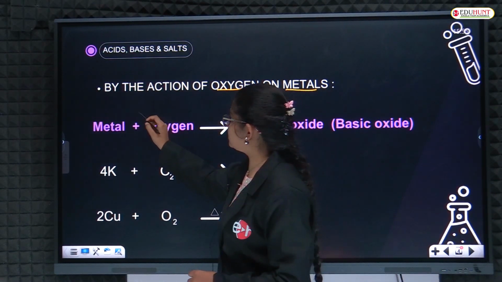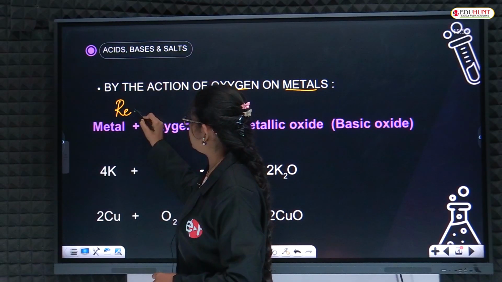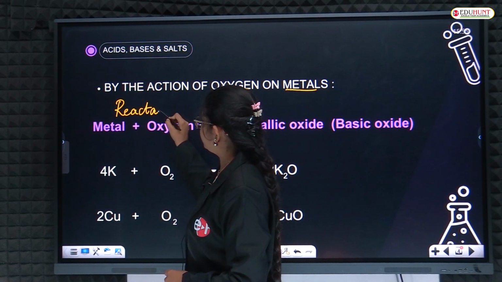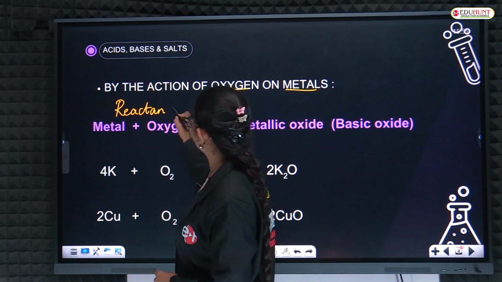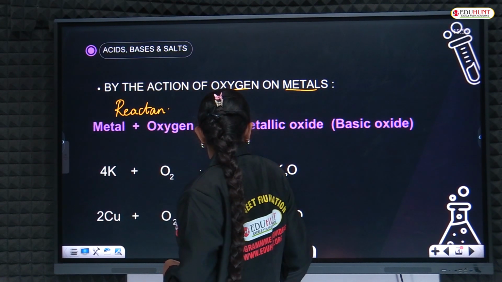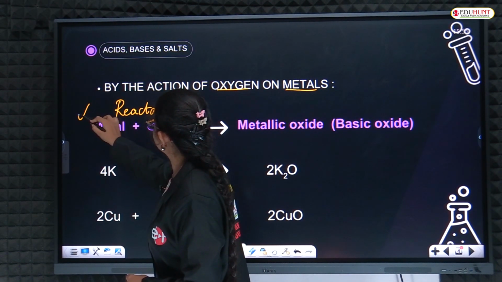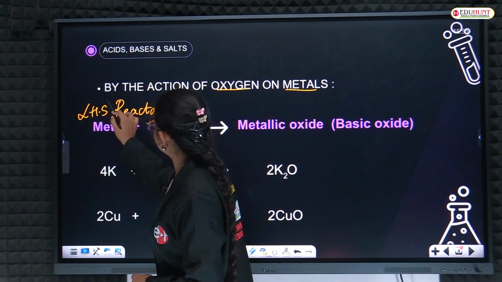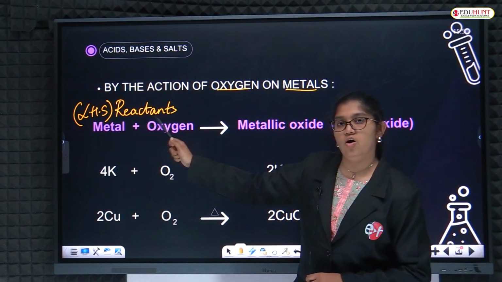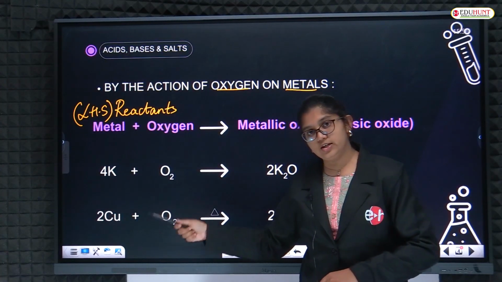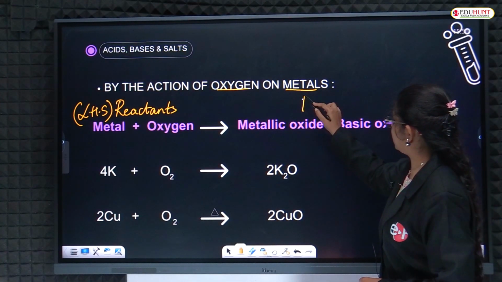These two are called reactants because they are present towards the left hand side. Now this metal and oxygen react to give a product.